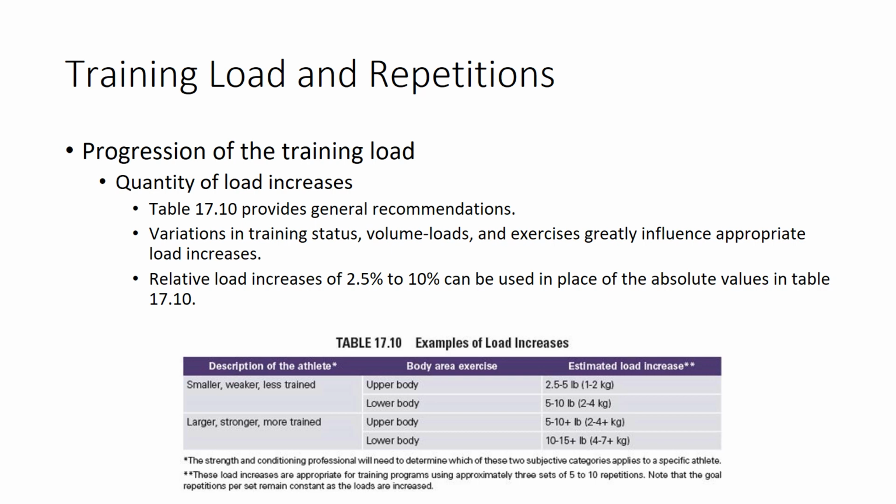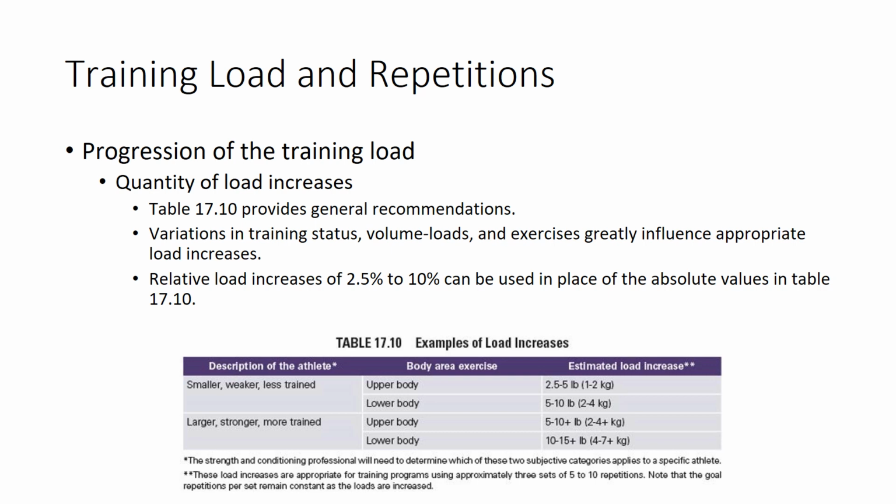Despite these guidelines, there's significant variation in training status, volume loads, and exercises, which is going to greatly influence the appropriate load increase. Generally speaking, we want relative increases of between 2.5 to 10%, which can be used instead of these absolute values seen in this table.